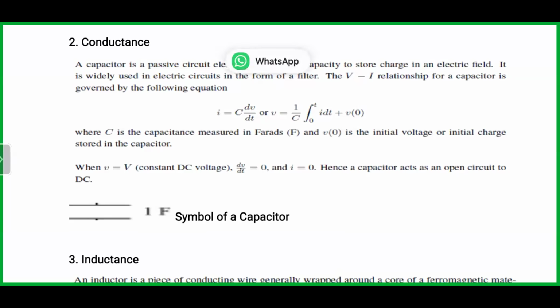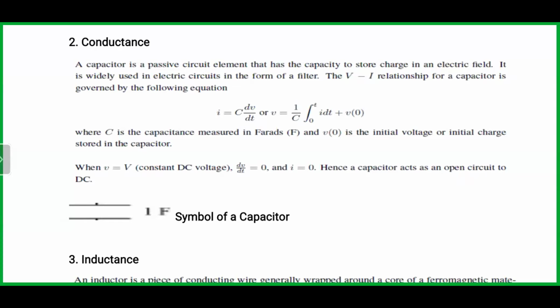So to a polarized capacitor, DC voltage is 0. That is why you see where small v is equal to big V, which means that the constant voltage is a DC voltage. If it is a DC voltage, then the capacitor will be seeing the voltage as 0 completely, and it will be an open circuit. You get it? It won't have any effect on the voltage.